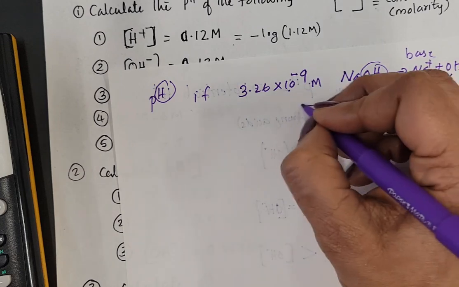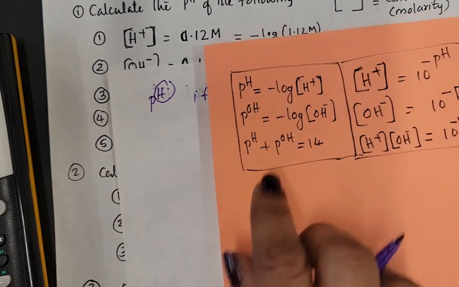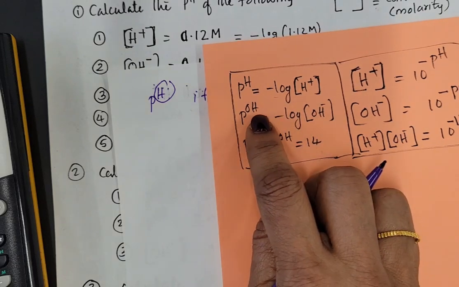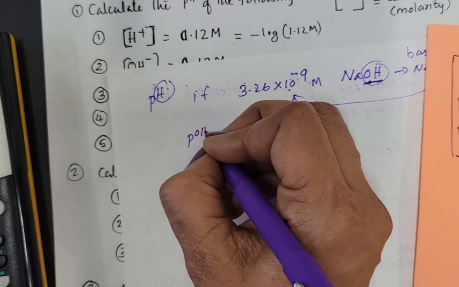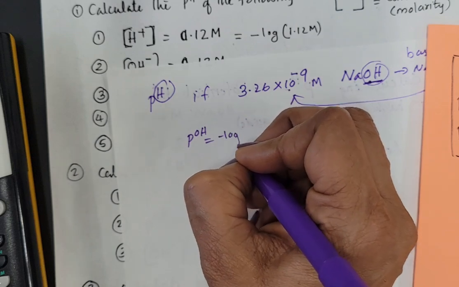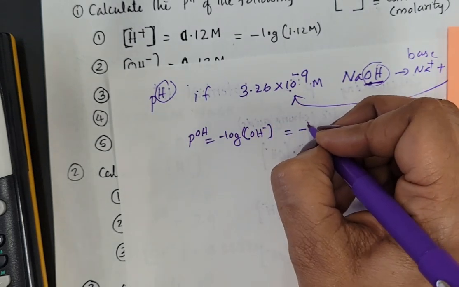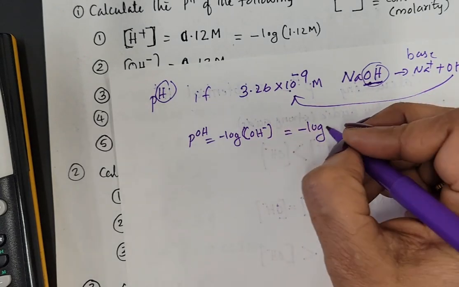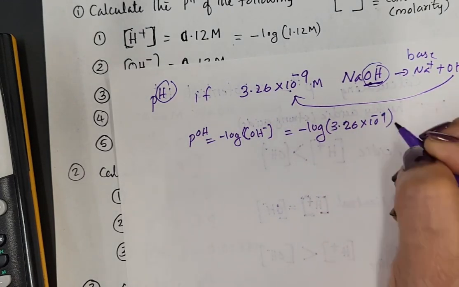That means this is the concentration of OH minus. So since it is not matching, you have to use two steps. First, you write pOH is equal to negative log of OH minus. Okay, so substitute negative log and this number, which is 3.26 times 10 to the power of negative 9.